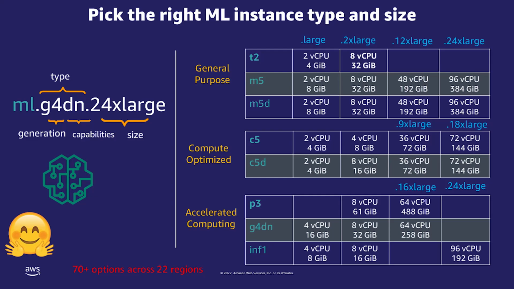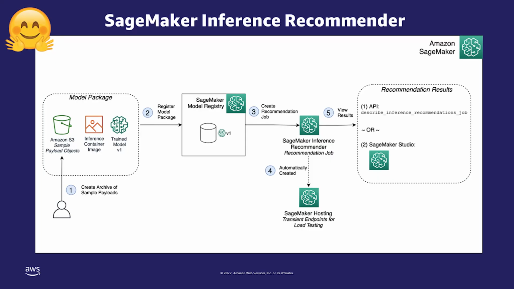And so it's common for customers to pick between the P3, the G4, and the Inf1, so that AWS custom hardware from Annapurna Labs, Inferentia, is available on SageMaker. And actually, we're going to look at compiling a Hugging Face model and then deploying it onto Inferentia in the demo. So we need to think about our different instance types and then pick the right one and size.